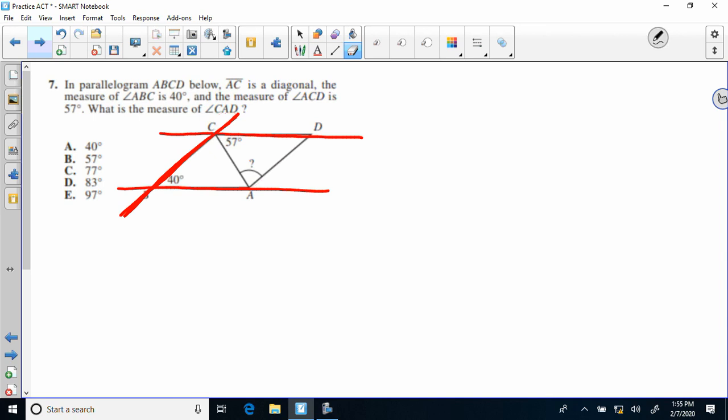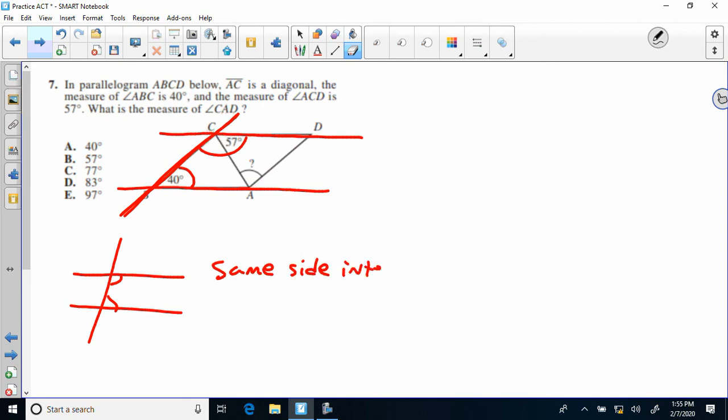So my question would be, what are these two angles called in a parallelogram? Again, if it's too confusing on that picture, those two angles right there, what do we call them? We call those same side interior angles. Same side interior angles are not equal, they are supplementary, which means they add to 180 degrees.